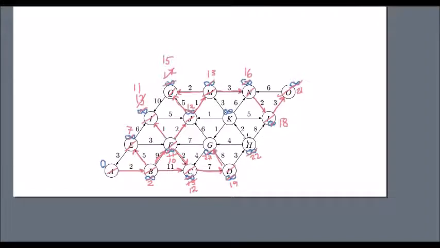From 22 we can go to L, but we can't improve 18. We can go to K, we can definitely improve this. So it's going to be 24. And we can go to G, and that's going to be 26. So that's an improvement. So that makes the new lowest 24, and then we finally improve this to 25.